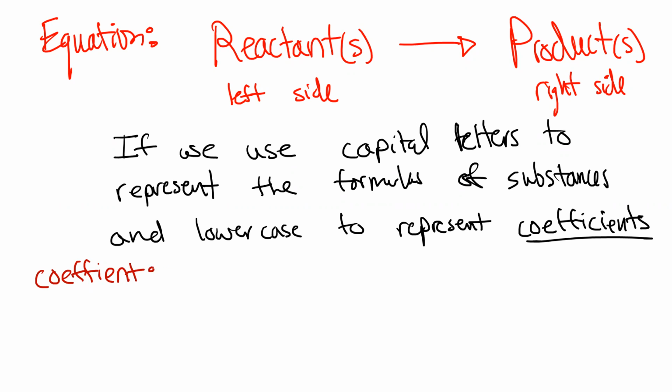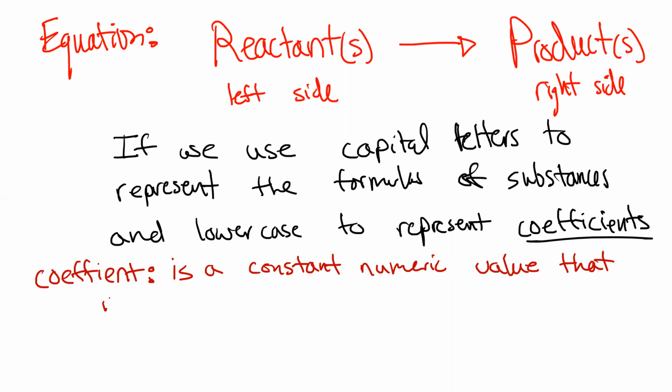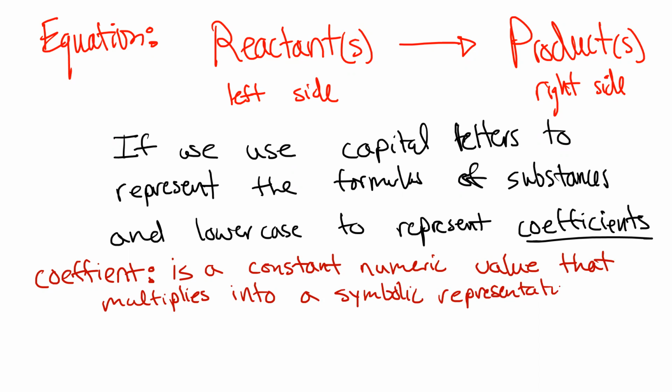In extremely general terms, a coefficient is a constant numeric value that multiplies into a symbolic representation of something.